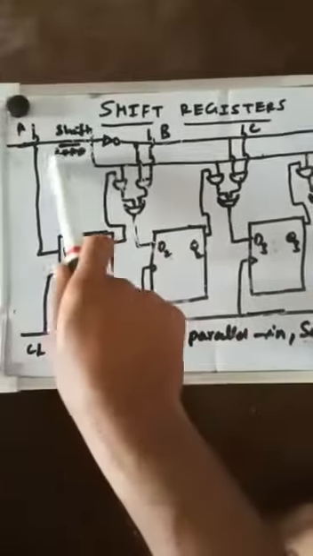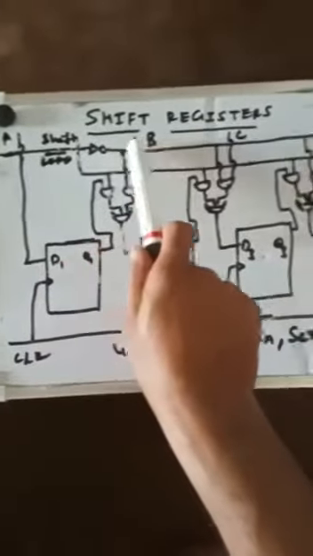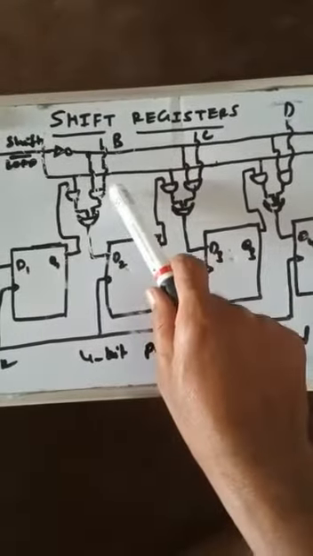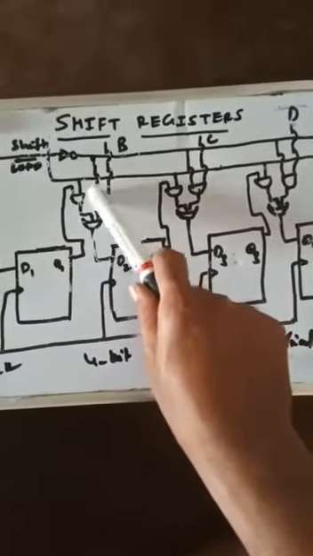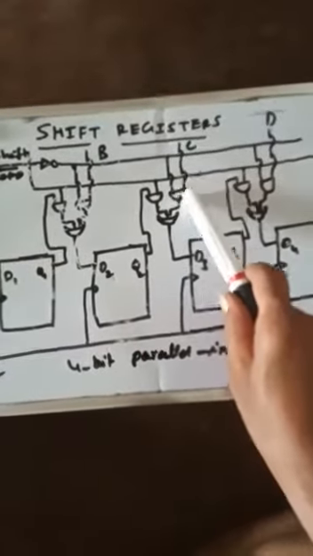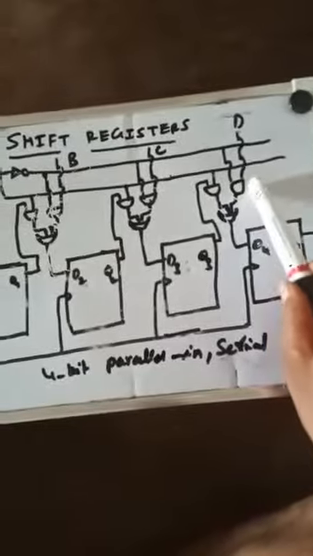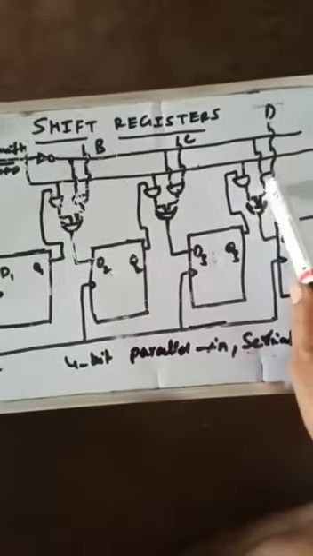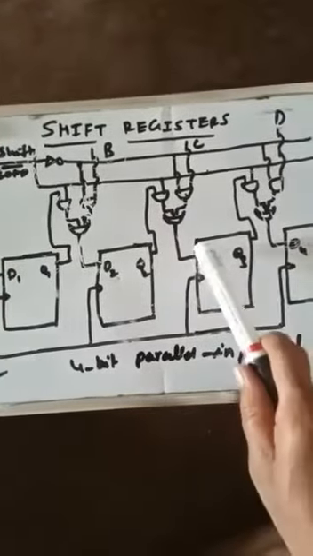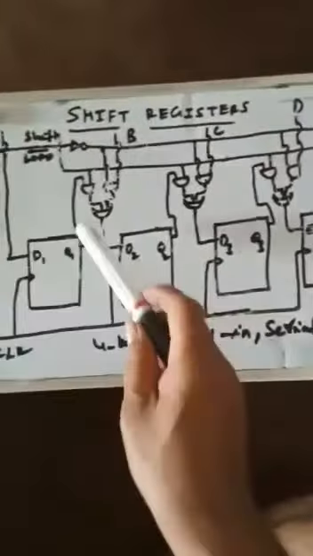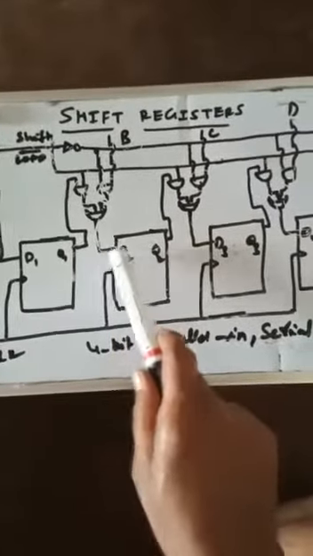Once the load is activated, the top line is activated, and once the top line is activated, the second AND gate of this group is activated, and the other AND gate is deactivated. Thus whatever the values of B, C and D might be, those are connected to D2, D3 and D4. Thus the parallel input is there, and it is given through these inputs.